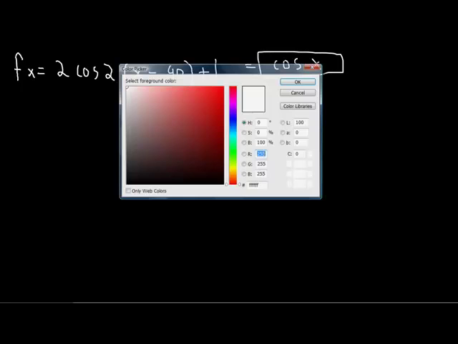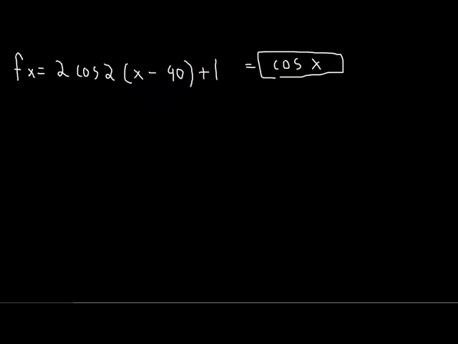So let me just do something in a different color. Okay, so first of all we have this number 2, and this 2 is our amplitude. Amplitude, as I discussed in the last video, is just how much it oscillates from its mean value, how much it goes up and down from its mean value.